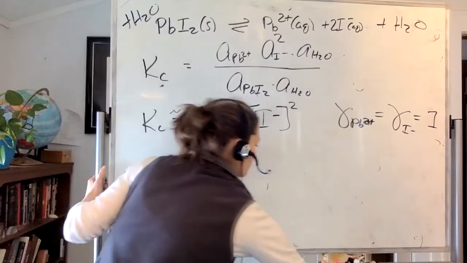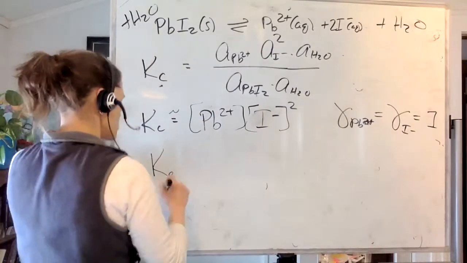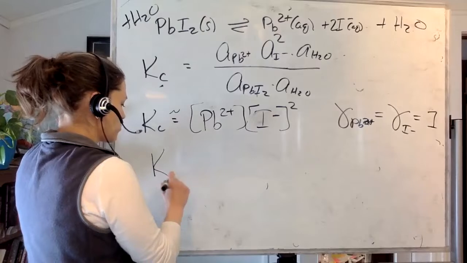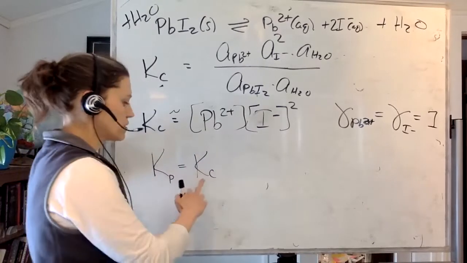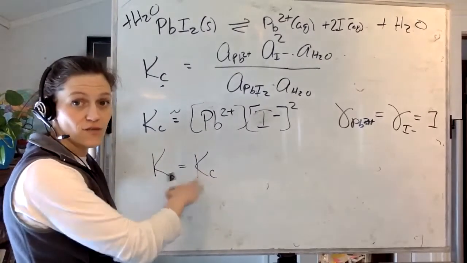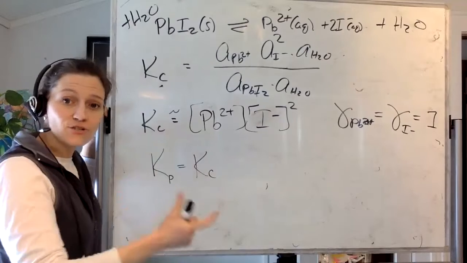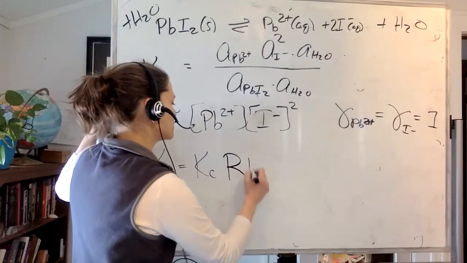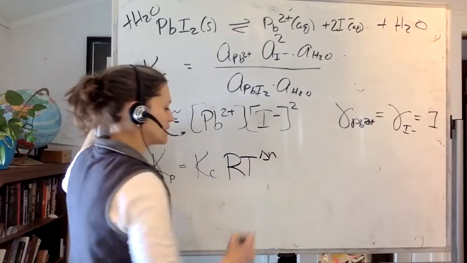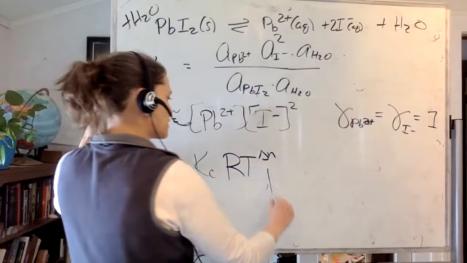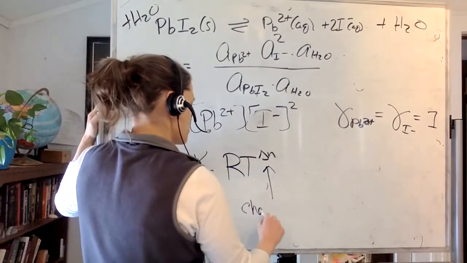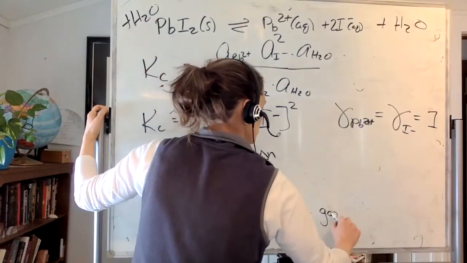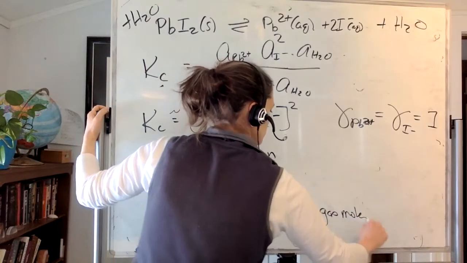Okay. So then how do you relate the equilibrium constant in terms of pressures to the equilibrium constant in terms of concentrations? They are not equivalent. There is an additional factor you have to take into account, and that is R times T raised to the delta N, where delta N represents the change in number of gas moles.